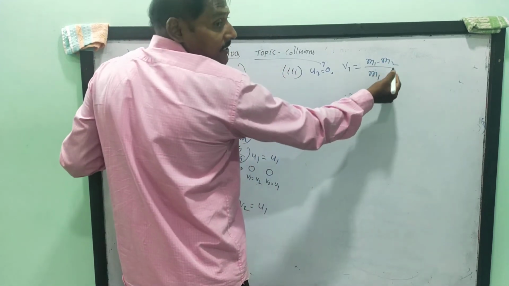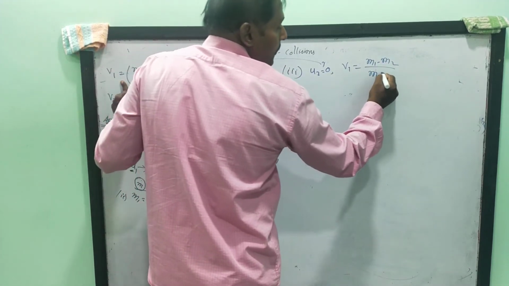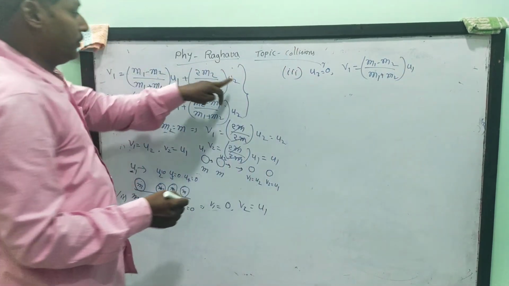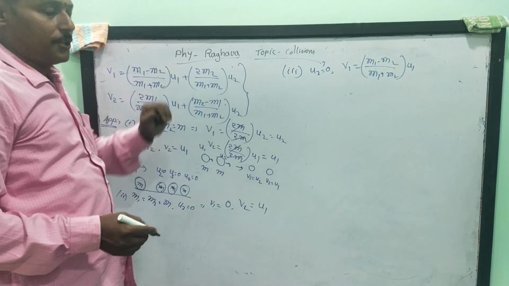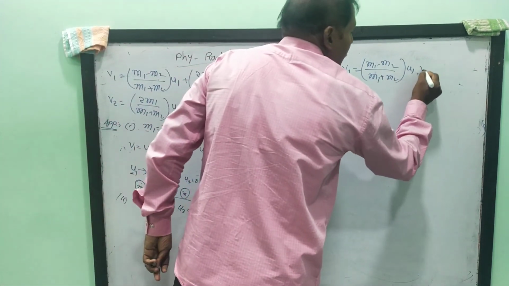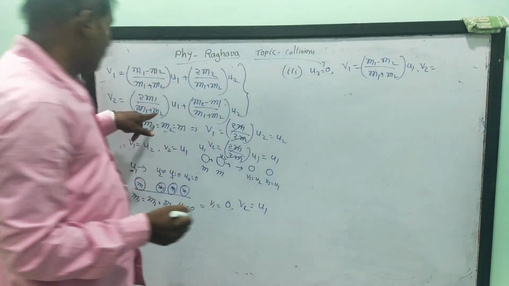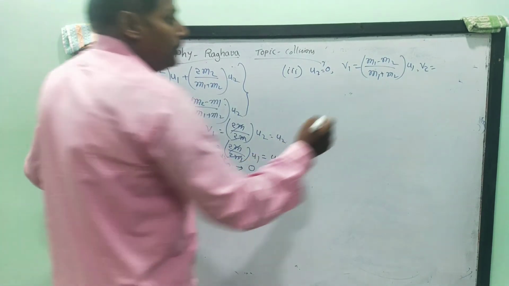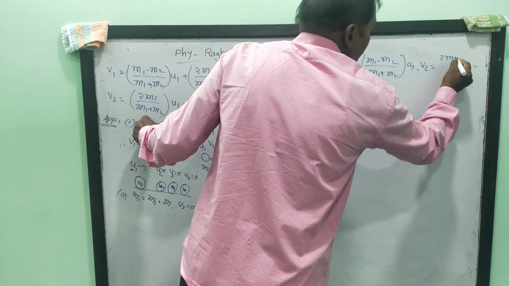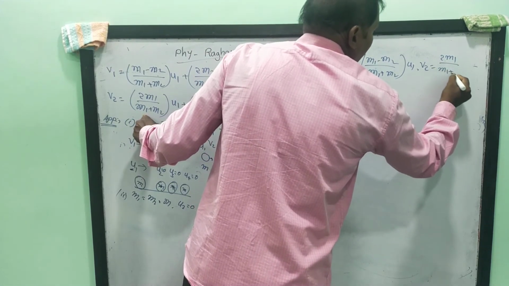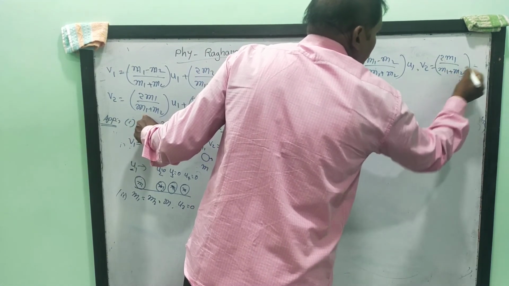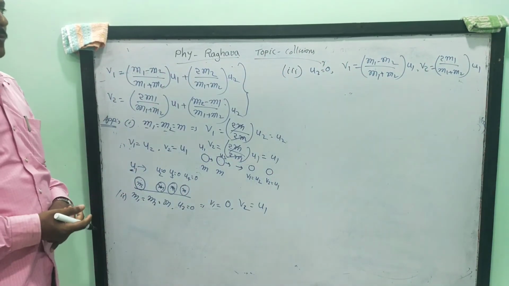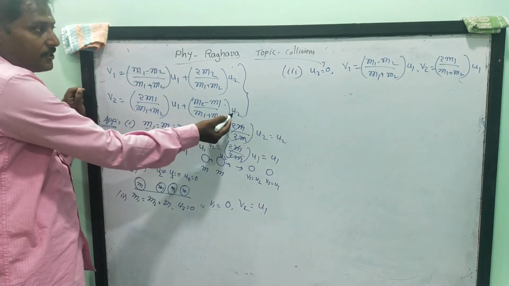Here the masses are not the same, they are different masses. u2 is 0, so something into 0 is 0. So the velocity of the second body after collision, v2, is equal to 2m1 divided by (m1 plus m2) times u1, since u2 is equal to 0.